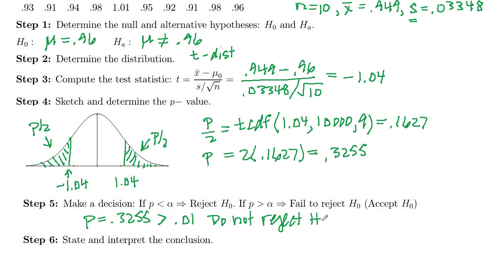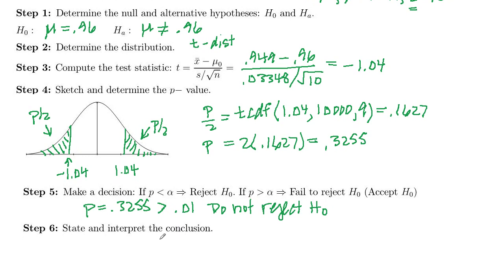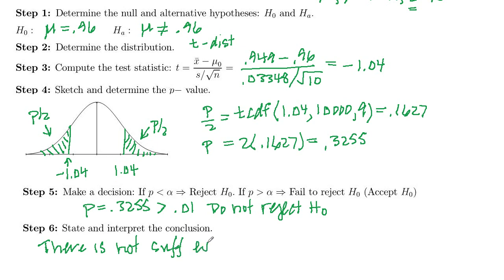H0. So in other words, we accept H0 as being true, and the way you interpret that is you say that there is not sufficient evidence to conclude that the mean changed.